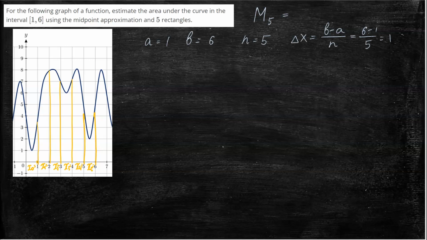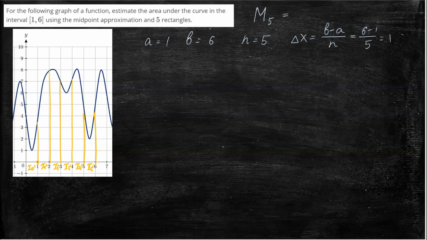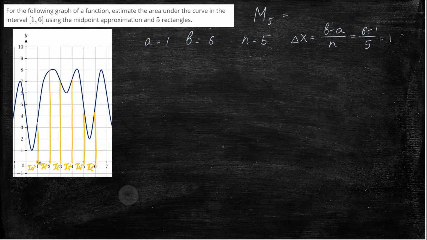And what does it mean to use the midpoint approximation? That means for each of these intervals, we're going to be picking a point right in the middle. So here's this point, here's the other point. And since we don't have a function given to us by a formula, we just have a graph, we don't actually need to know what those midpoints are, because what we care about is the output of the function at those points.